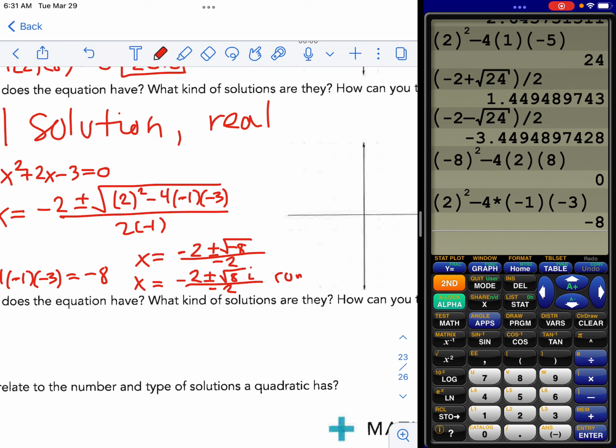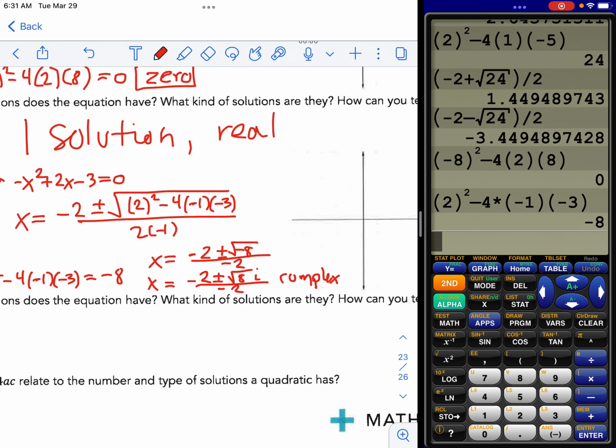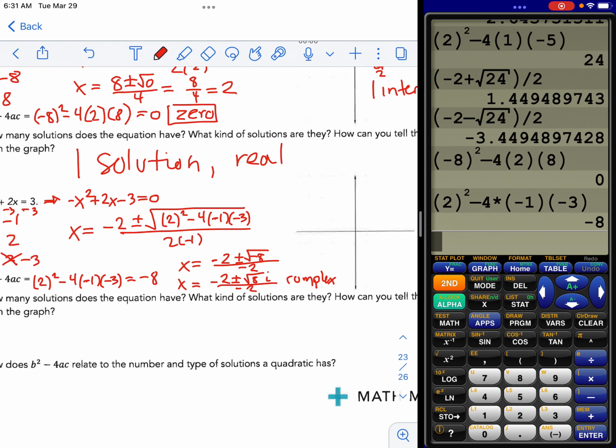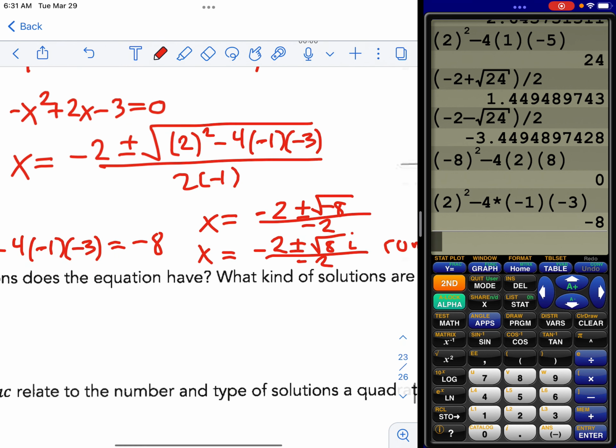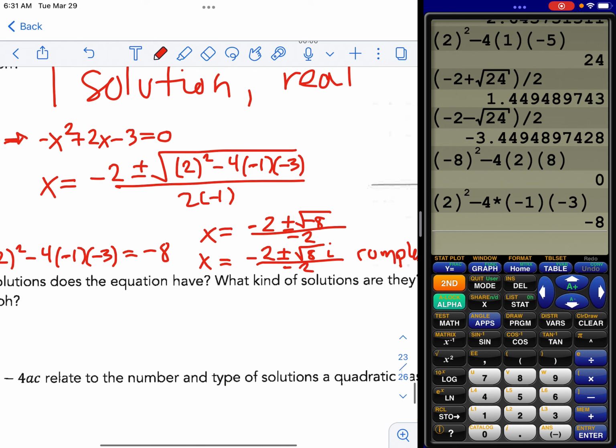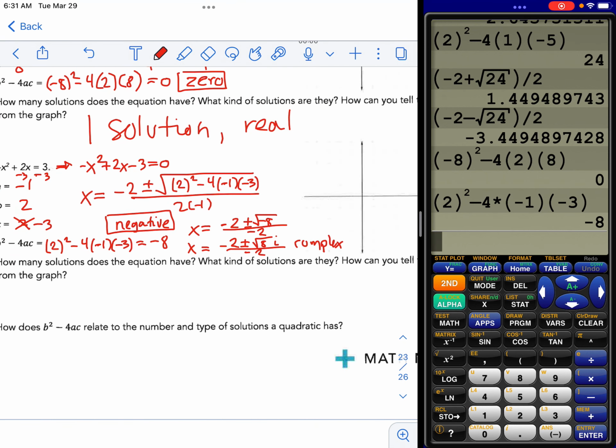And so we have a complex expression there. So this discriminant here is negative, and that's what led to that complex expression. So we have a complex solution here.